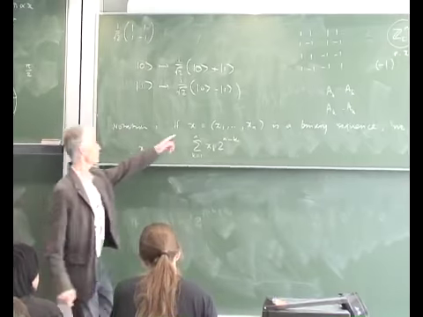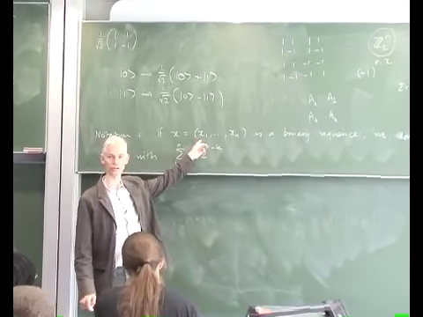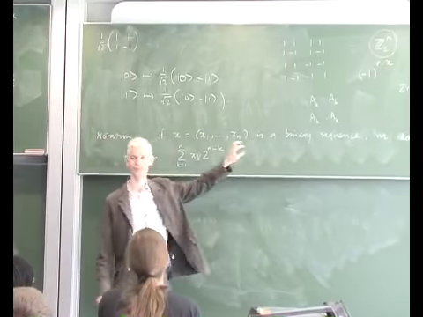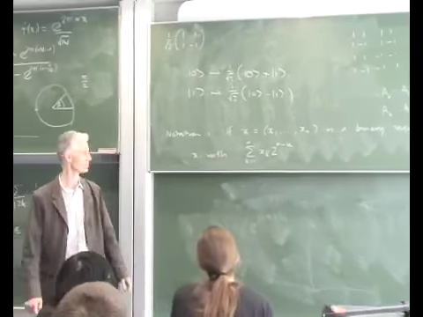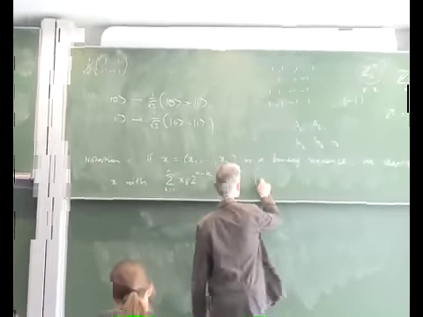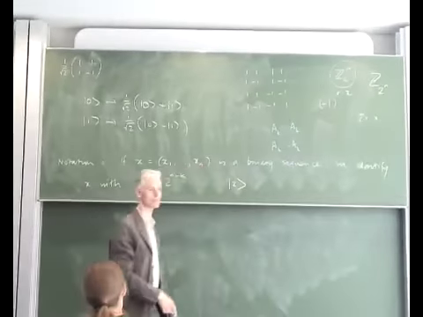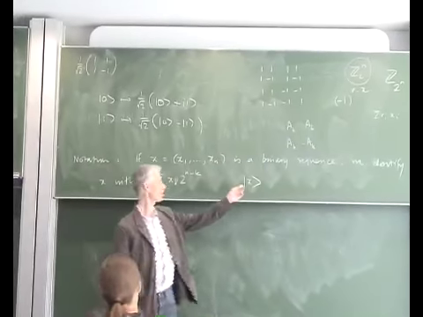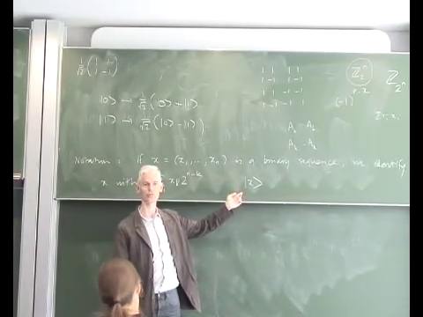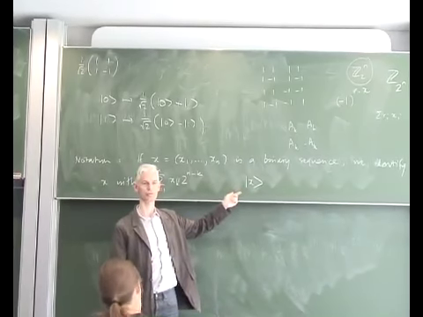So x1 I'm thinking of as the most important bit, so it really is the number x1, x2, x3 up to xn. And then if I write something like that, that's the state. And I'll sometimes think of that as the state corresponding to the integer x, and sometimes to the binary sequence x.